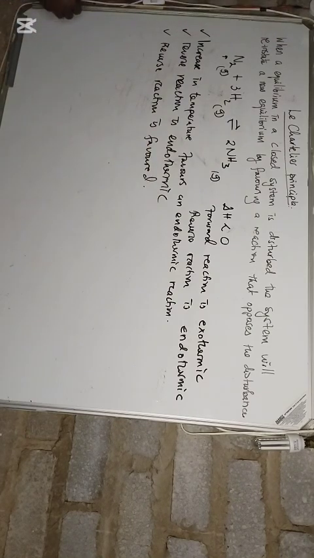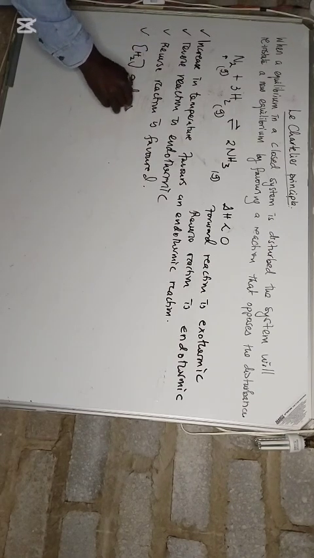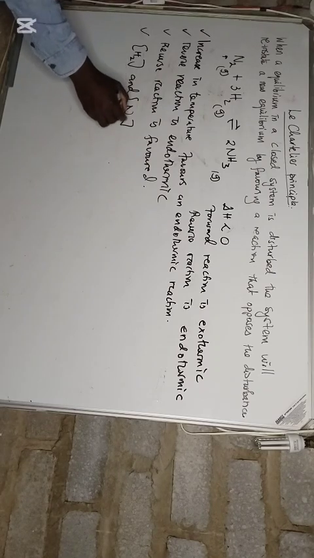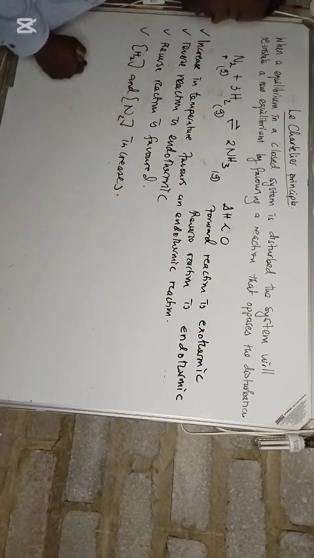And when the reverse reaction is favored, it therefore tells you that the amount of hydrogen and the amount of nitrogen is going to increase. So in other words, the concentration or the amount of nitrogen will therefore increase.